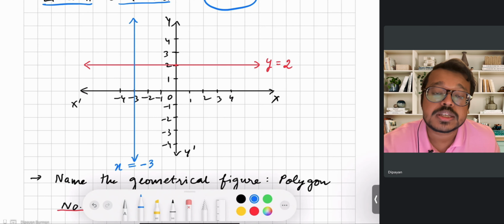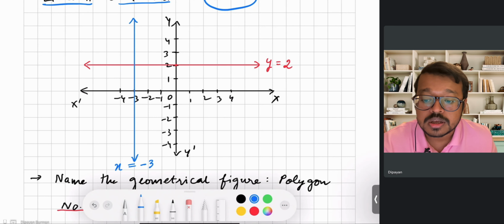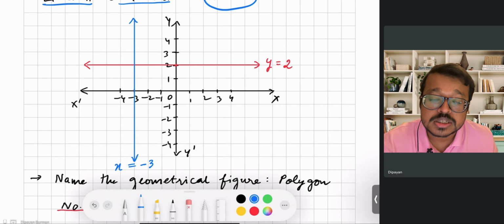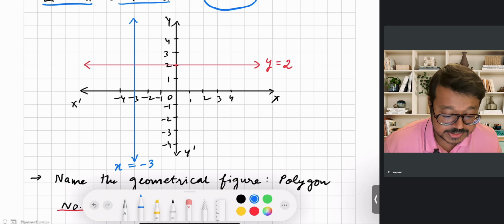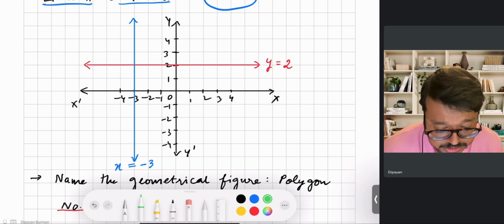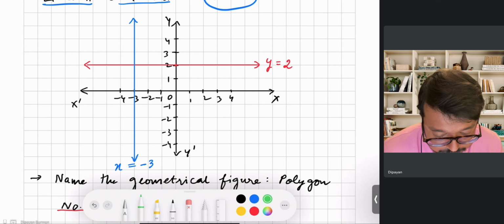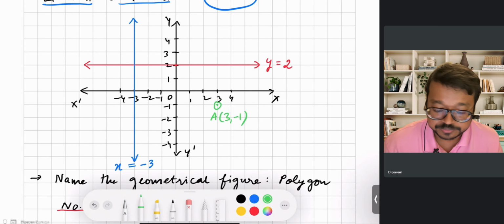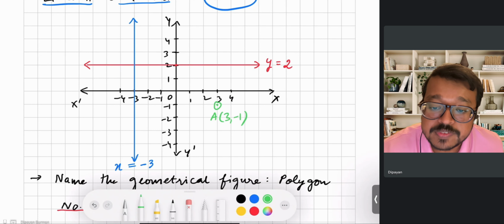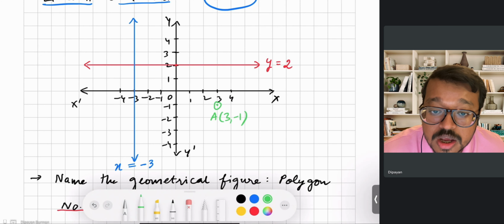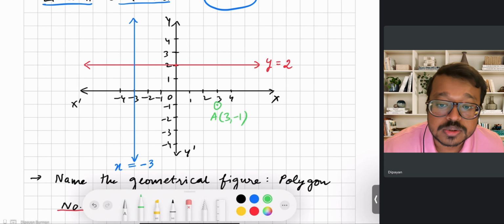Now suppose there is a question where there is a given point and we need to reflect along one of these lines, we will consider one of these lines as the mirror. For example, let's look at point A with coordinate 3 comma -1, and let's say I'm reflecting point A on the line y equals 2, the red colored line.